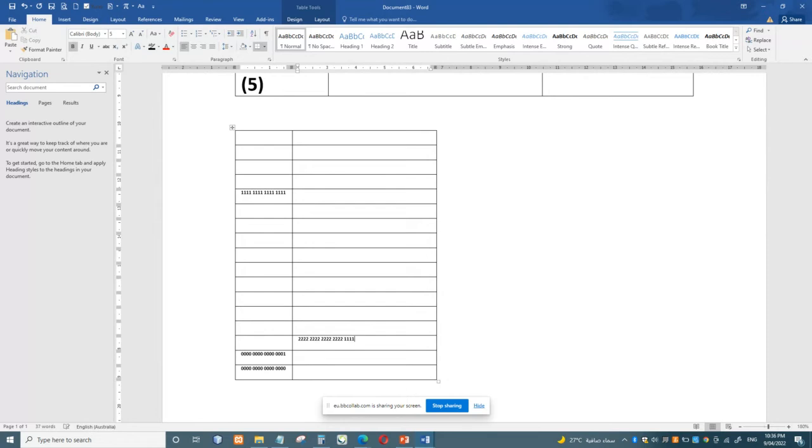So these are containing 32 bits. So you can see these are 32 bits, but these 32 bits we cannot refer.